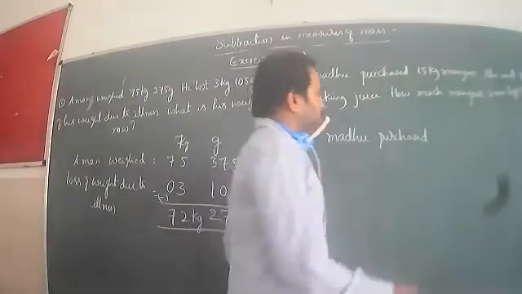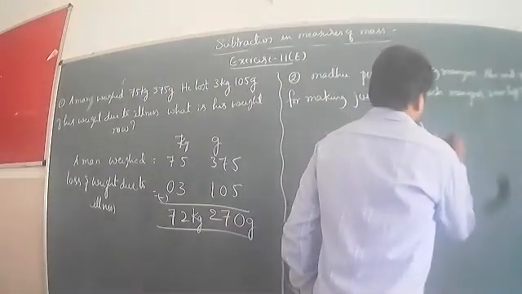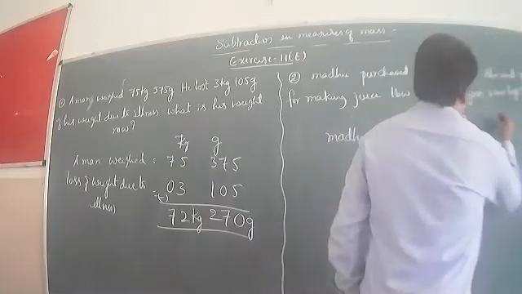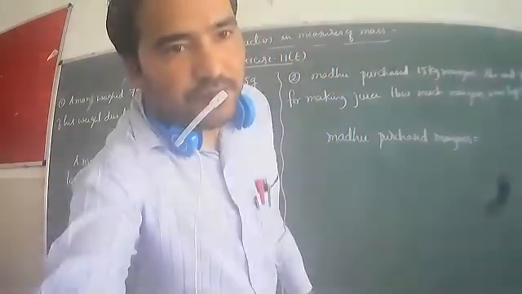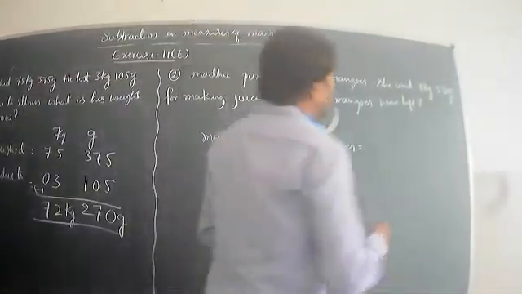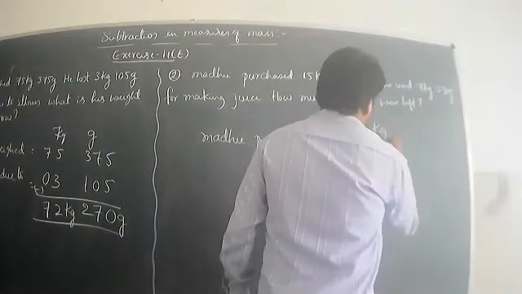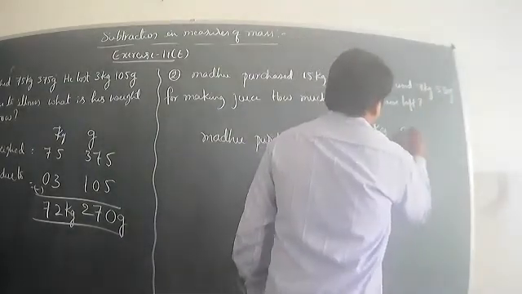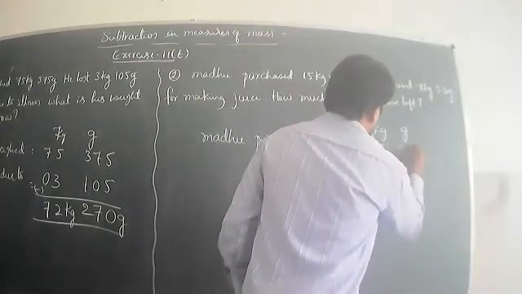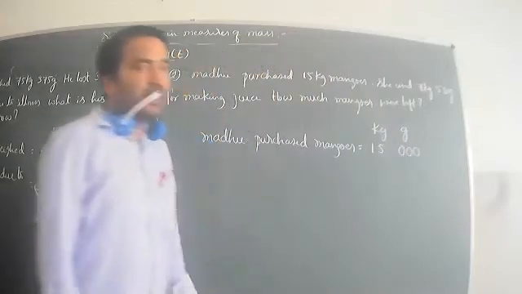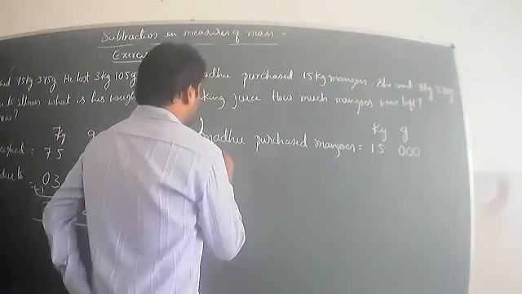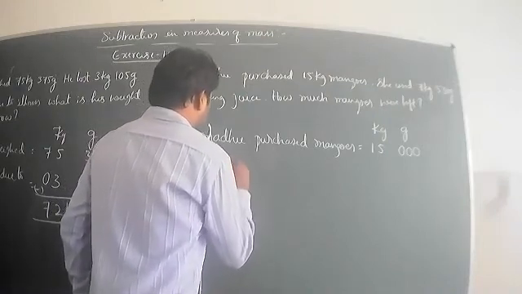Madhu purchased 15 kg mangoes. Here grams will be there. 15 kg having no grams, so we should write 00 gram. 15 kg, 00 grams.